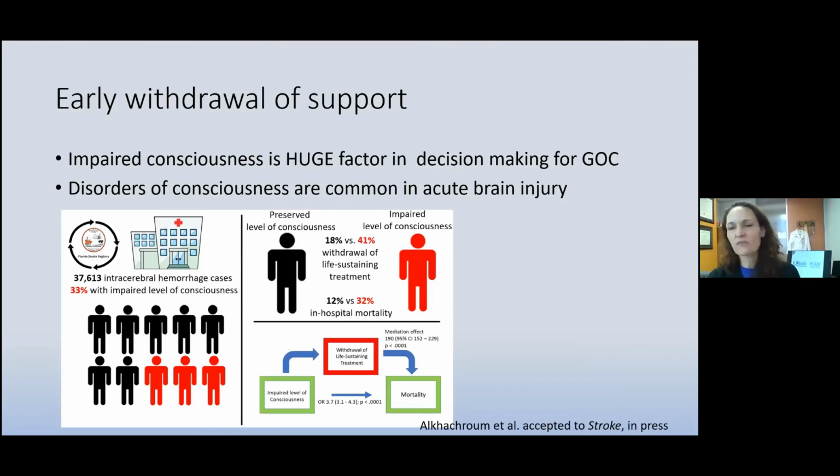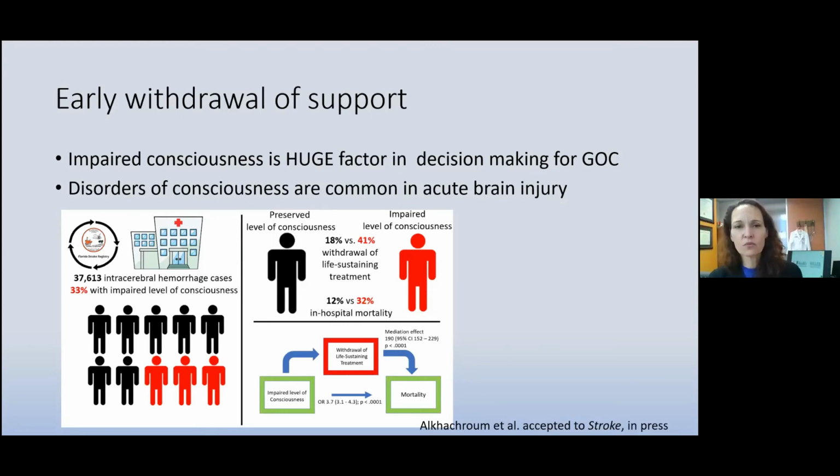So it's that self-fulfilling prophecy that we discussed at the beginning, that if somebody is not awake and people assume that they don't have a good prognosis, they will be made DNR and aggressive support will be withdrawn, and then the patient dies.